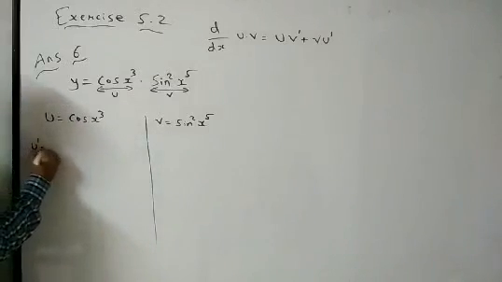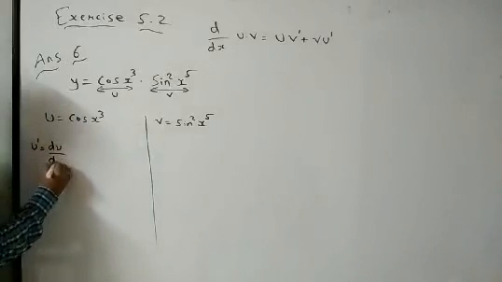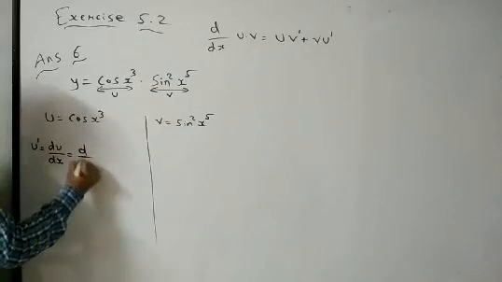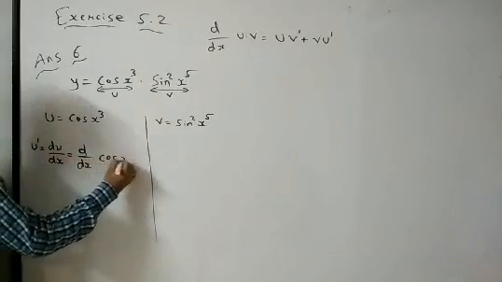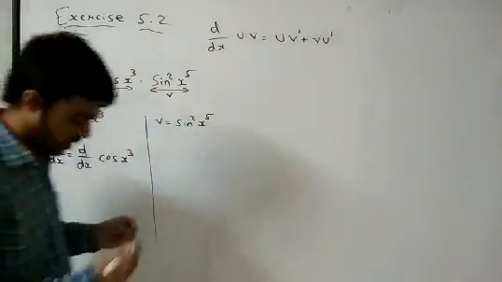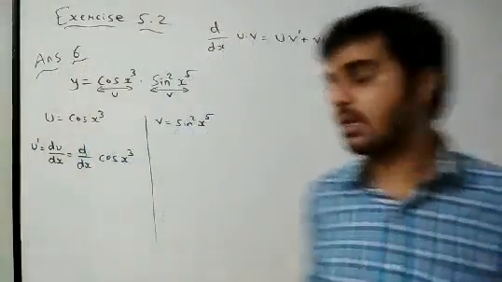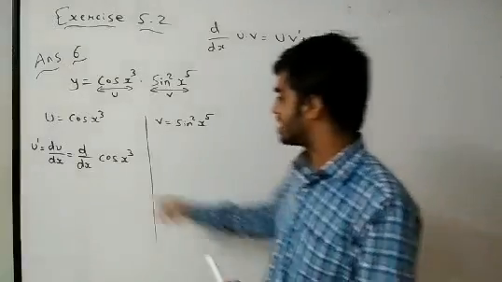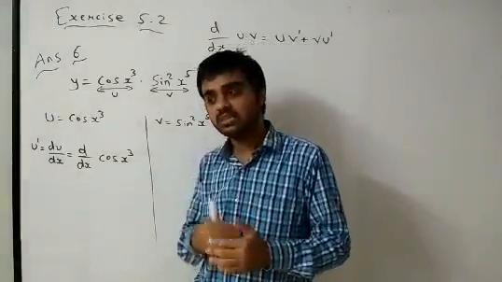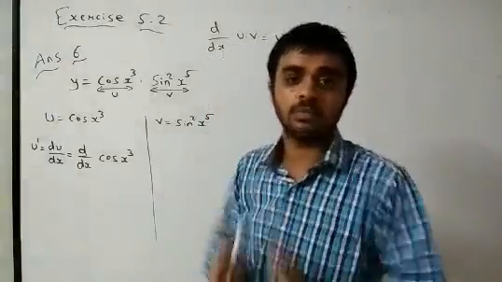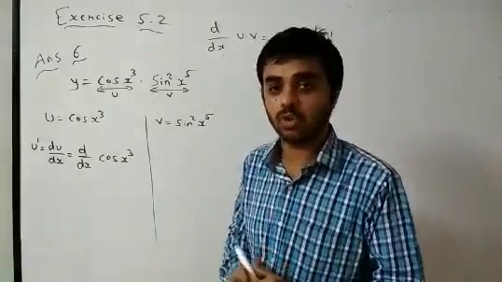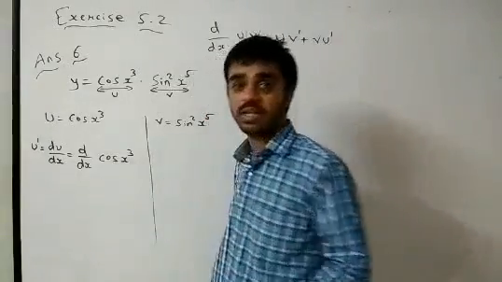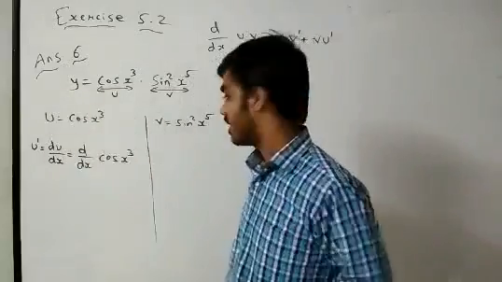So u dash is equal to du by dx is equal to d by dx of cos x cube. Now listen, if you try to solve this taking x cube as one thing, it is a very particular, separate sum. In this exercise we have solved sin x square, then cos x square.